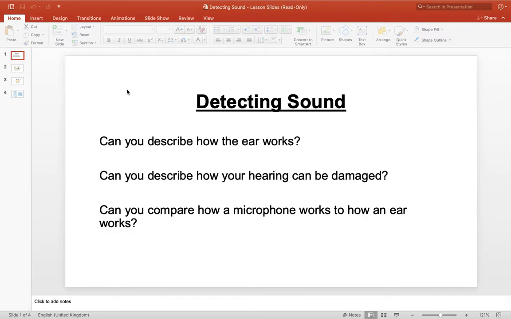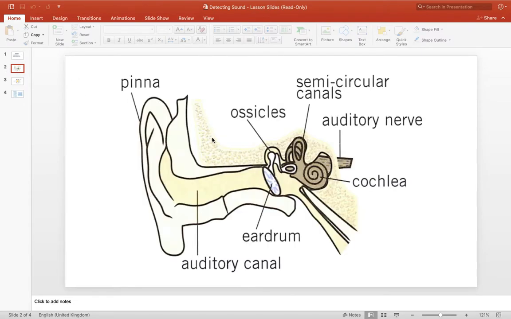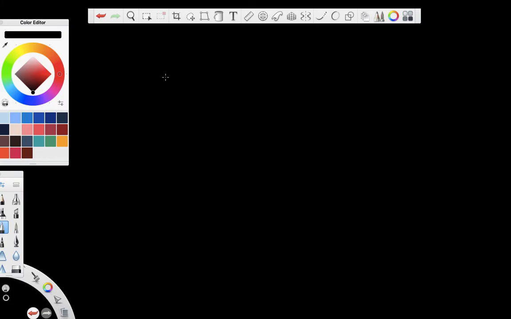If at any point during this lesson you feel you're falling behind, you can always pause the video, rewind, just to make sure you get all the points that you need. So first things first, I'm going to steal this image so that we can write it on here.